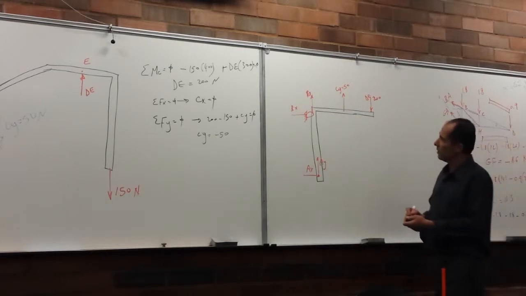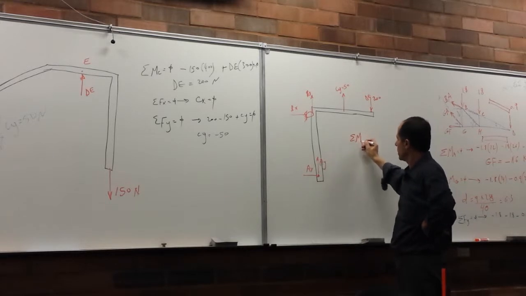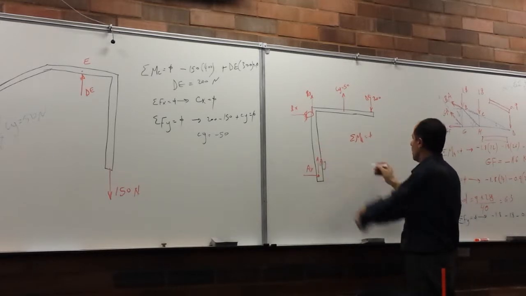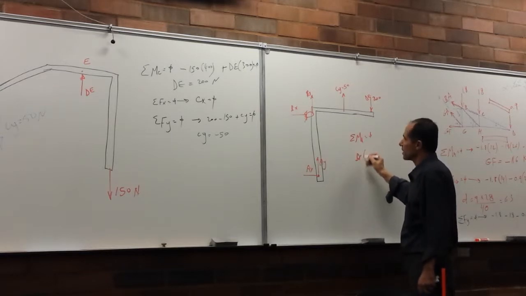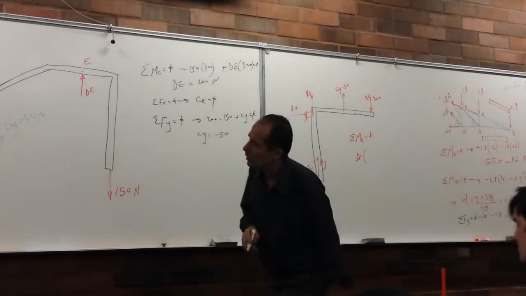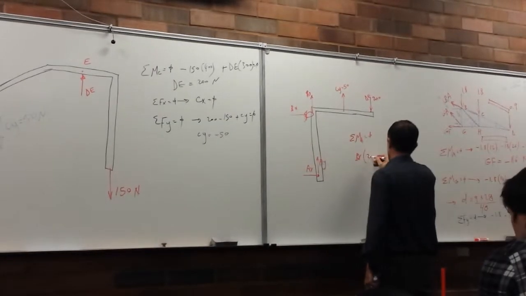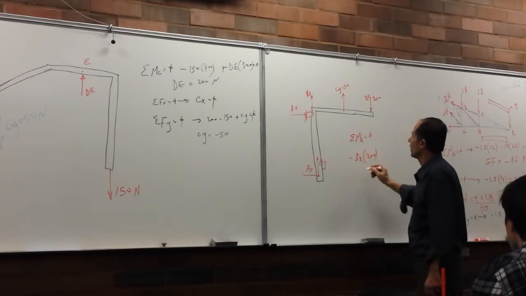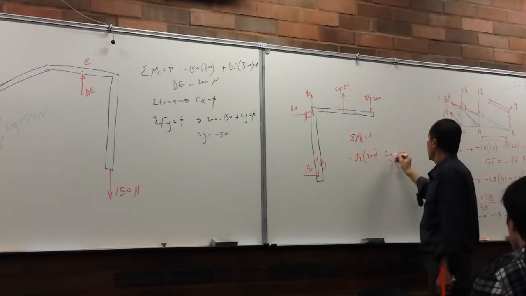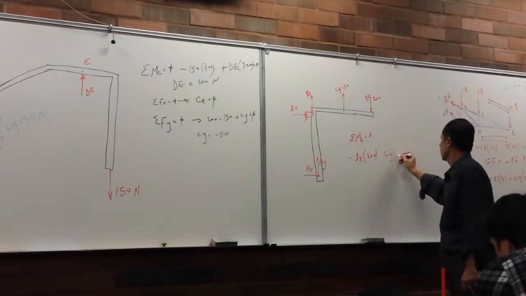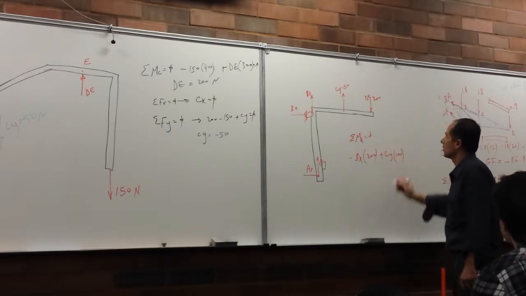Sum of the moment at A equals 0. Here is A. I have BX times the height, 200, is negative. Agree? The CY times 100 is positive.